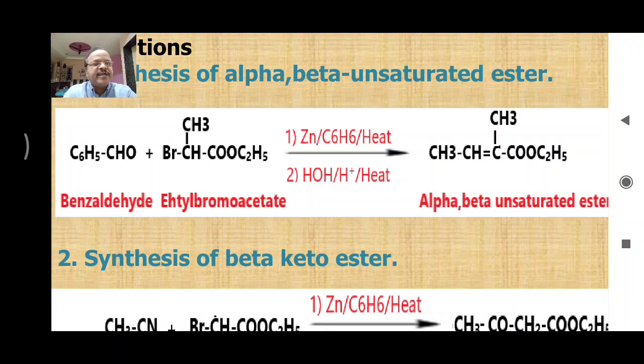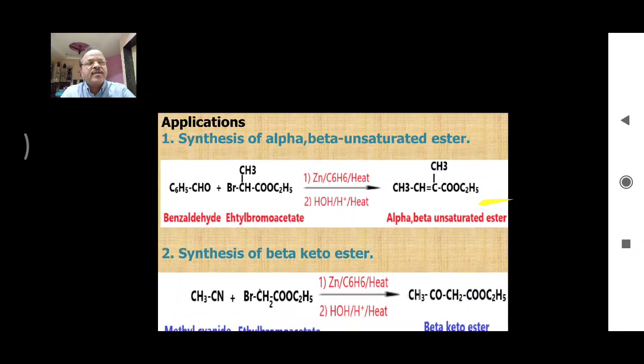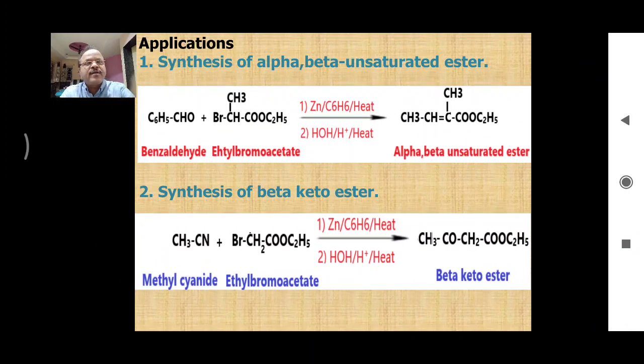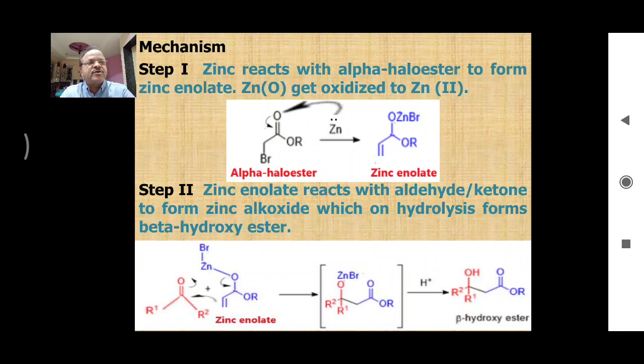The product of the Reformatsky reaction is beta hydroxy ester, which we have seen in the previous reaction. So this is beta hydroxy ester. Now if we remove this OH and H from this CH2 group, there will be a double bond between these 2 carbon atoms.